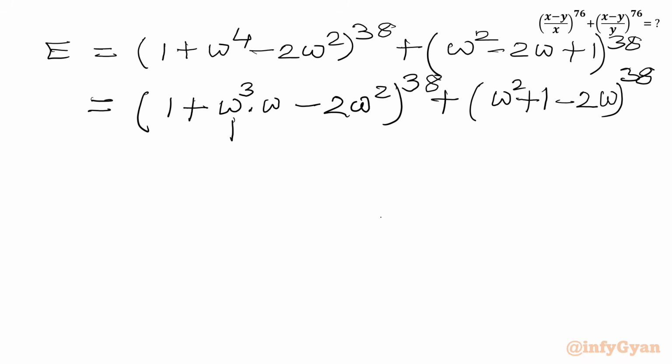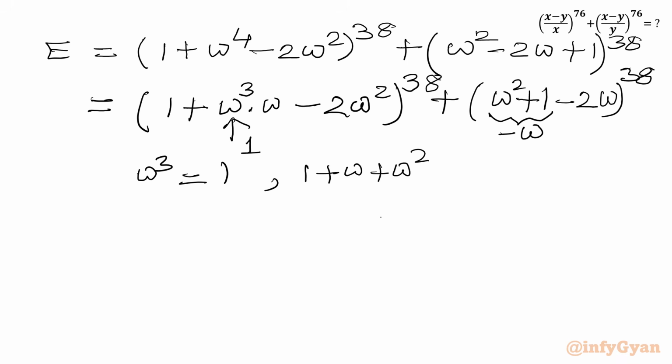Now we know that ω³ is 1, and 1 + ω² is −ω. We know that ω³ = 1 and 1 + ω² + ω = 0. So from here we will get ω² + 1 = −ω.